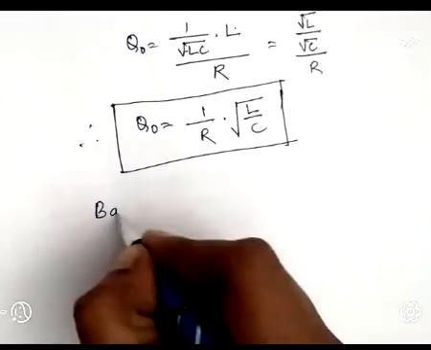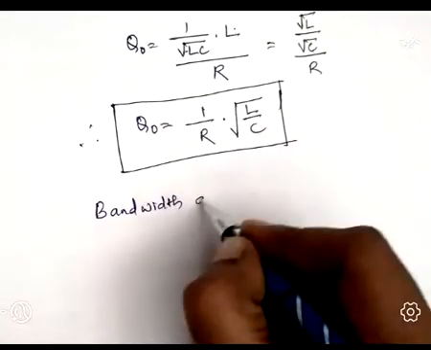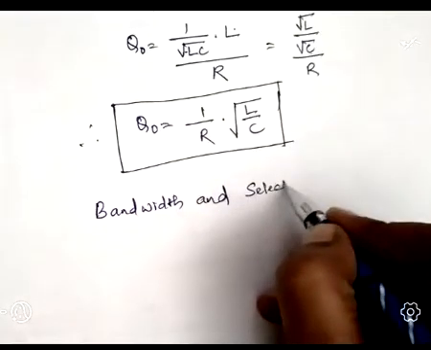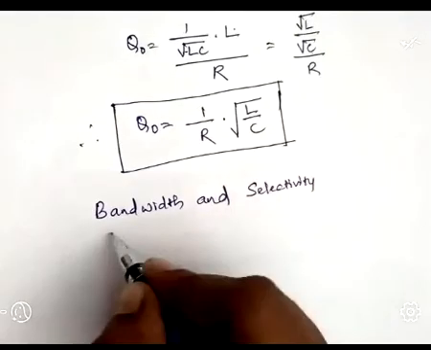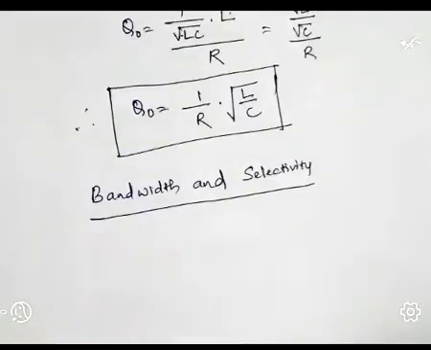Bandwidth and selectivity. Okay. First, we will see bandwidth, then we will go to selectivity. The series RLC circuit has a very important property of selecting a particular frequency.